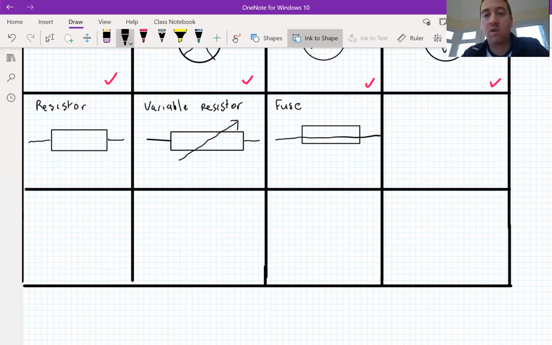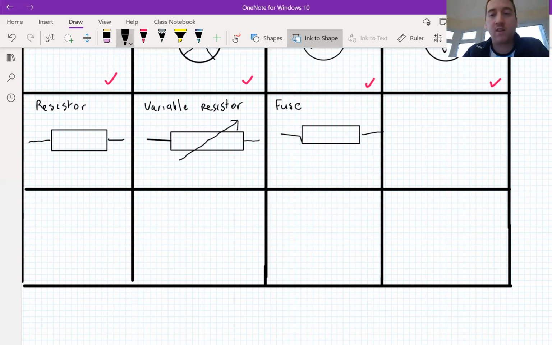So if there's too much current, or if there's another problem in the circuit, what happens is the wire inside the fuse will melt. You've got your electric wire connected to the edge and you've got it continuing at the edge, but now the wire inside the fuse has melted, and that means that the circuit is no longer complete.